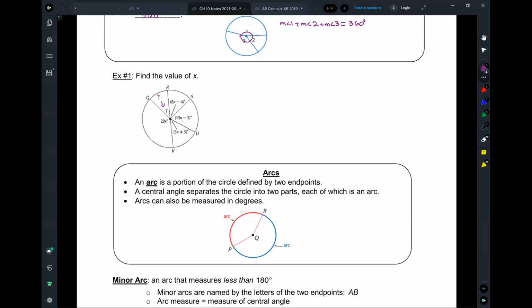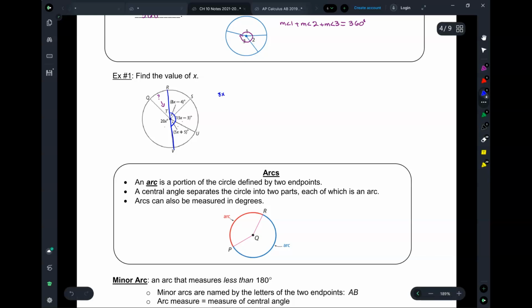They haven't given it to me, so I can't add all of them up and set it equal to 360. But do I need it to be 360? Here is what I know. I know that this is a diameter, and that means the diameter cuts everything in the circle in half. So these 3 angles together must equal 180 degrees.